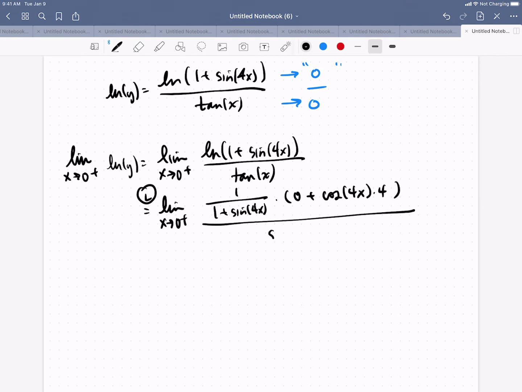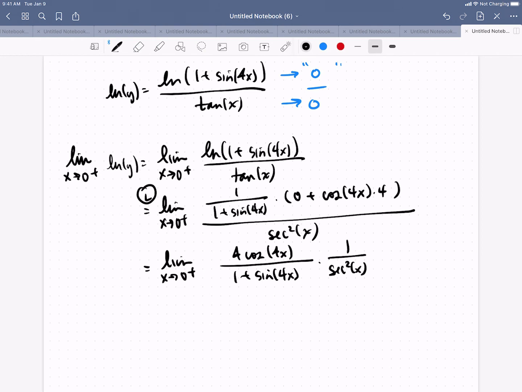And the derivative of tangent is secant squared. So let's clean this up a little bit. The limit as x goes to 0 from above of 4 cosine 4x over 1 plus sine 4x times 1 over secant squared x.